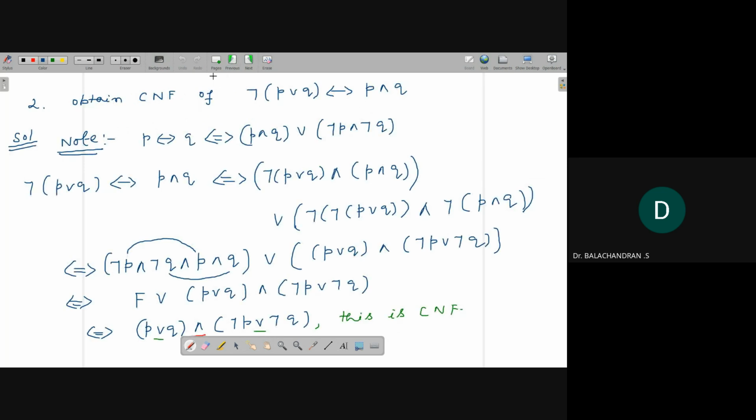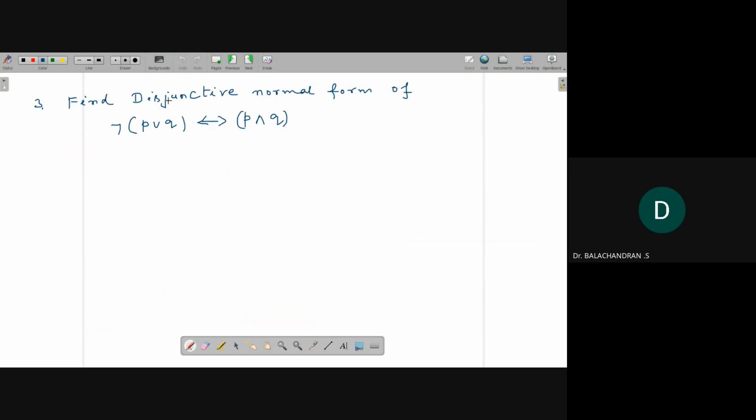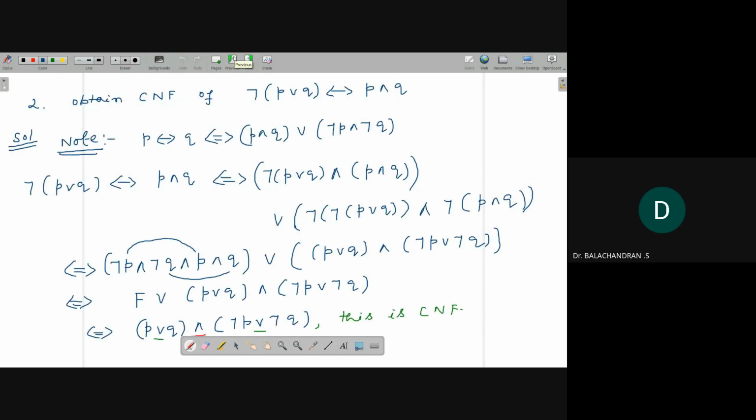Here we found CNF. Here we are going to find DNF. So I am going to use the previous result. I'll just copy this portion.